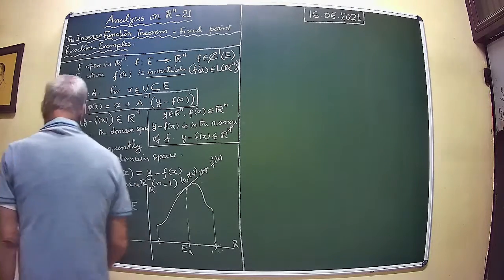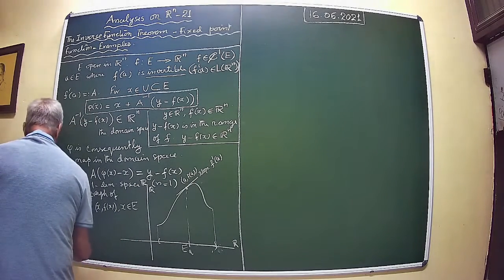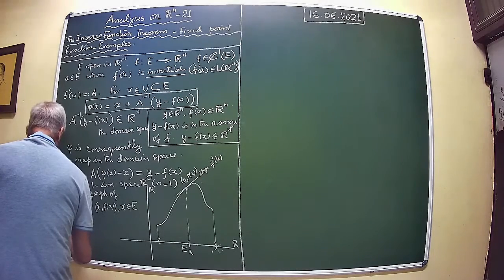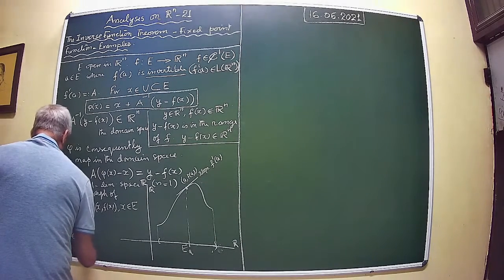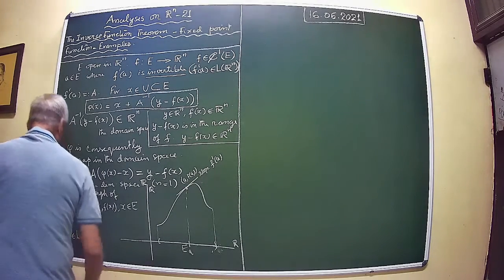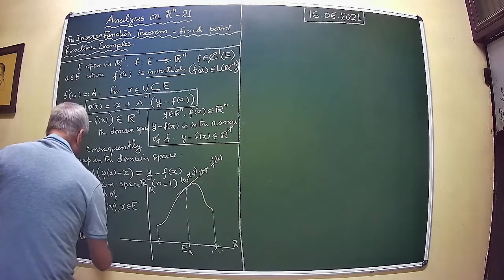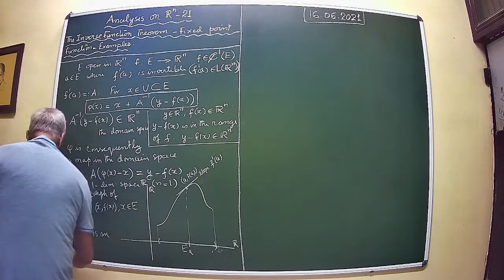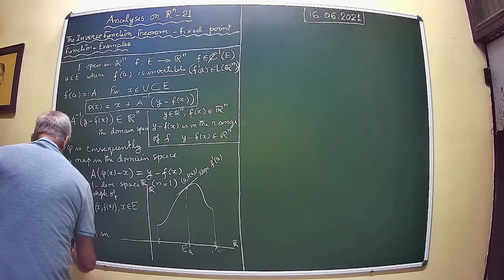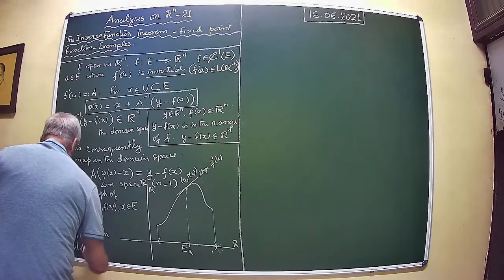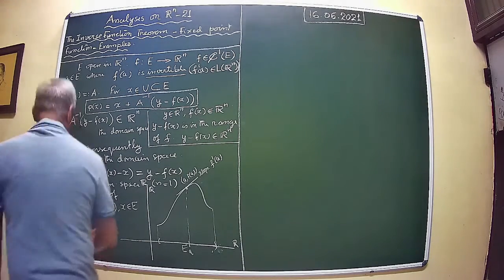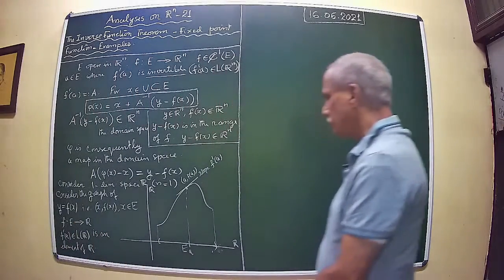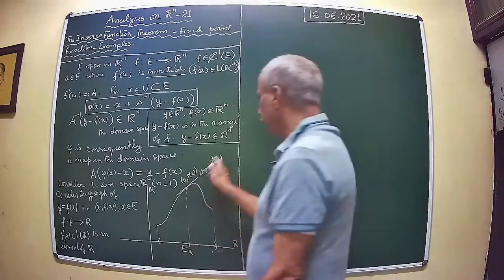So F derivative of a, which belongs to L(R), is an element of R. Therefore, you have a line with a tangent.